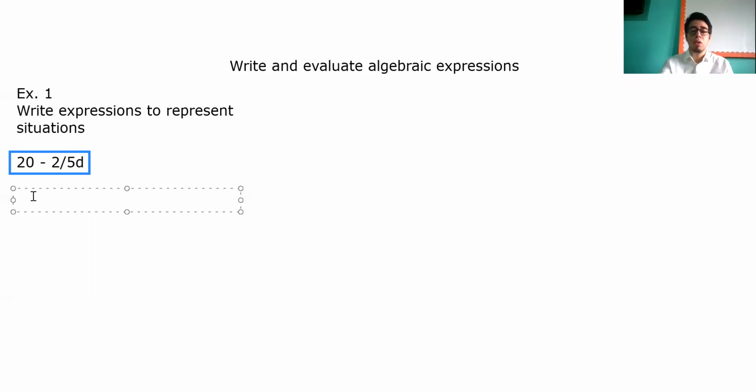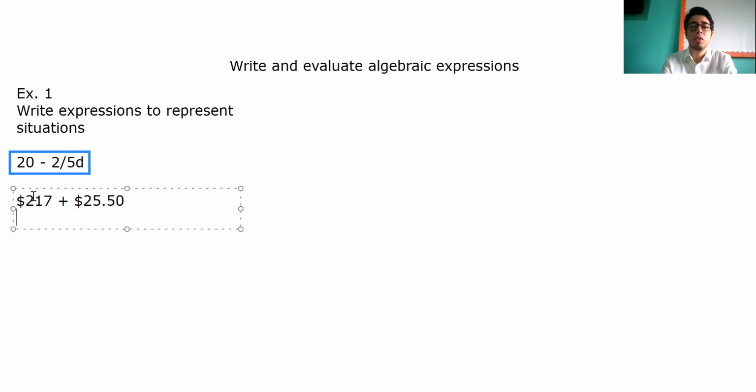What are we going to do? You already know how to do it. $217, but it is going to increase because she deposits an amount of money each week. That is $25.50. Later, what do we do to find the expression?